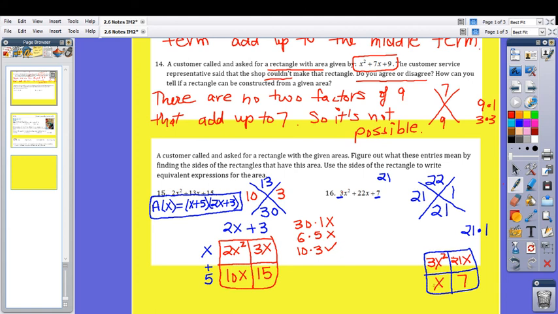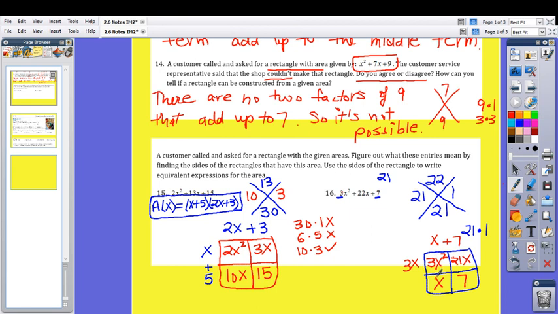Now, if we figure this out, one will get 3x and one will get x. So let's put x here, 3x here, because 3x times x gives you 3x squared. If this is 3x, 3x times what will give you 21x? Which is 7, because 7 times 3 is 21. So this will be 7.